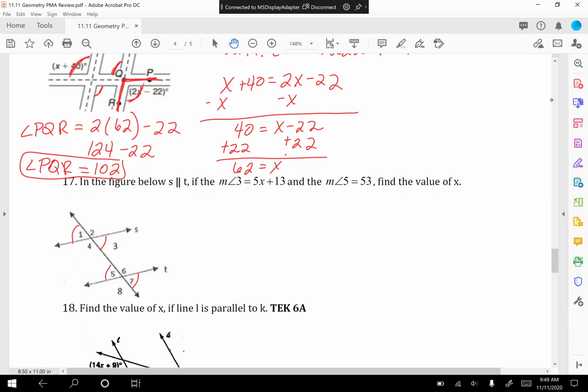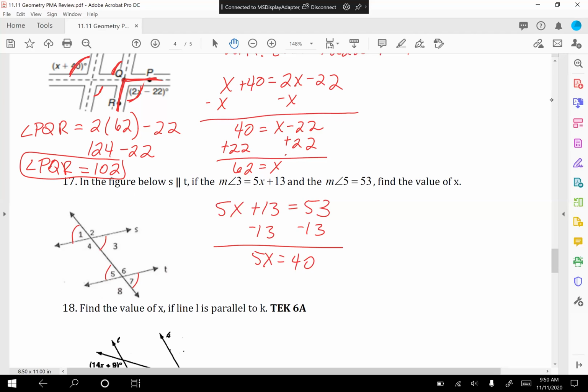All right, now look at 3 and 5. Are they both colored in red? Yes, so that means that they are what? Yeah, the same. They're congruent. So they're equal. So we set them equal. And then you just solve for x. So minus 13, minus 13.